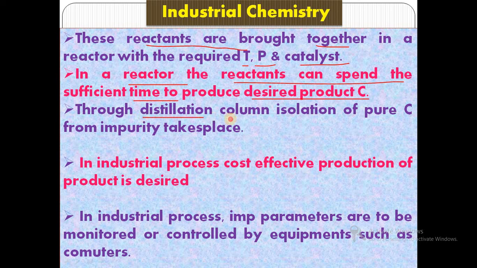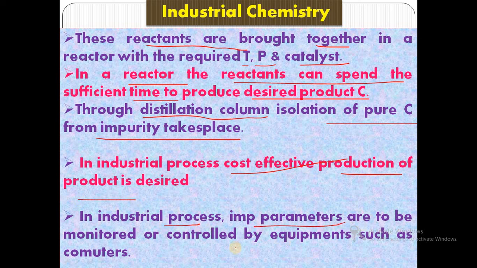Then through the distillation column, isolation of pure C from impurity takes place. Automatic isolation of pure C is done by using a distillation column or distillation techniques. So overall, in the industrial process, cost effective production of the desired product is the goal.